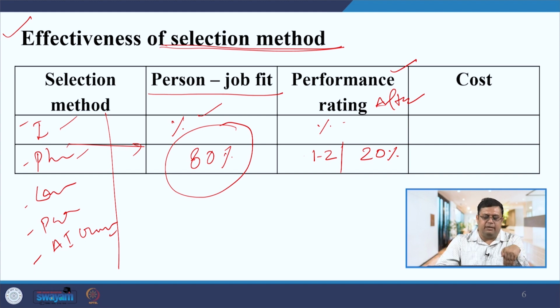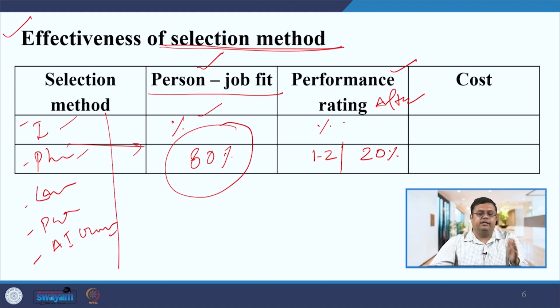So by which method you assessed the person job fit, and your ratings are different, your percentage of goal achievement is different, right. I have just taken one example of person job fit. In the same way, you can take the example of person team fit, the behavioral aspect, and then you can check the performance rating on the behavioral aspect given by the manager.